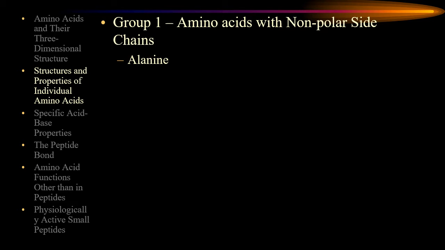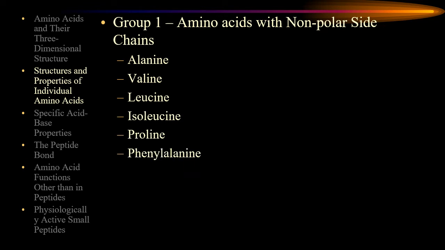These are alanine, valine, leucine, isoleucine, proline, phenylalanine, and tryptophan. Somehow at some point they removed the last letter E, so it's now spelled tryptophan, but supposedly it's pronounced differently. But anyway, doesn't really matter.